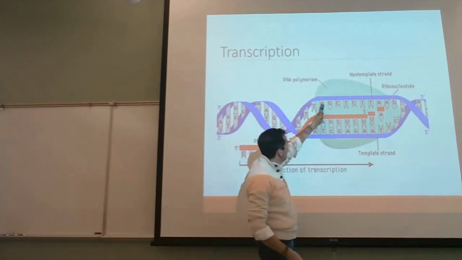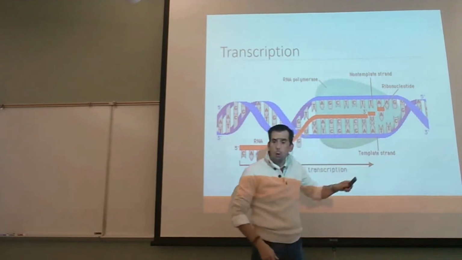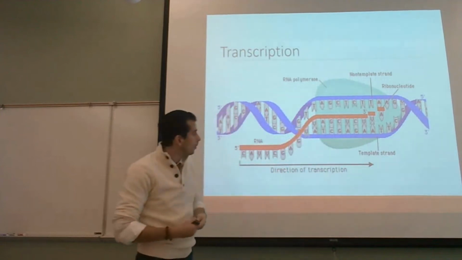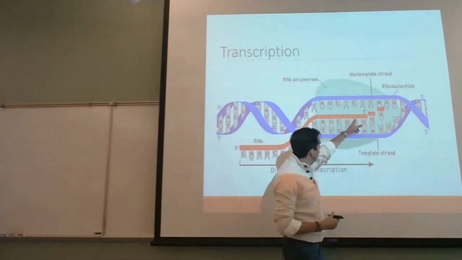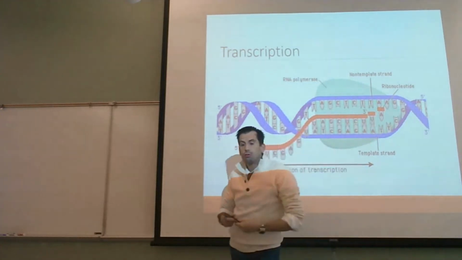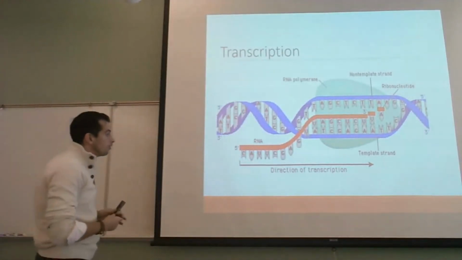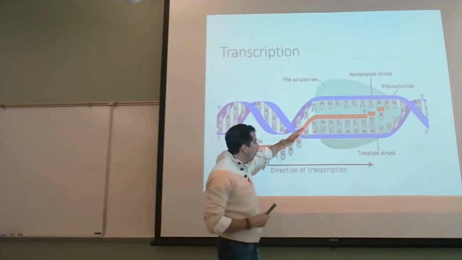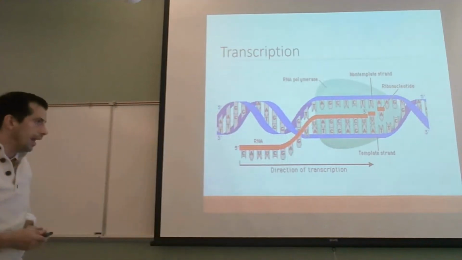So it's going along here, and it's reading adenine, guanine, cytosine, thymine, cytosine, and so on. It's reading it, and as it goes, it's pairing up those nucleotide bases and linking them together to form our long, single strand, messenger RNA.